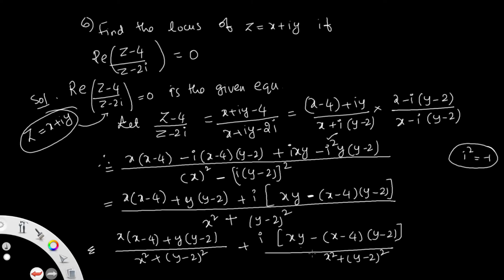Okay, next, simplifying for our convenience, the real part is x into (x minus 4) plus y into (y minus 2) divided by x square plus (y minus 2) whole square.